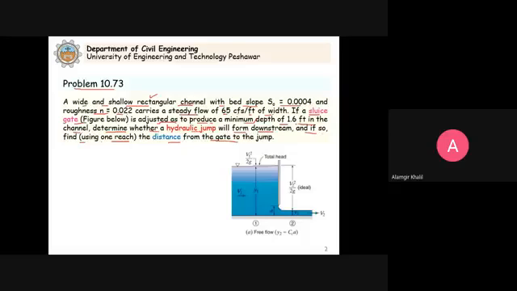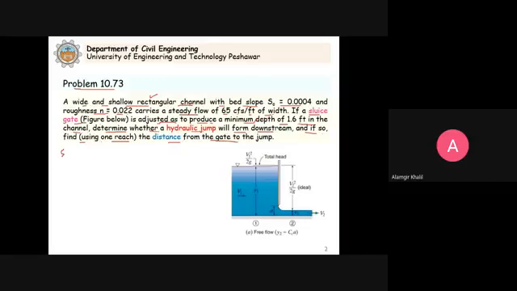Now the question is: will a hydraulic jump form downstream of the gate or not? And if it forms, what is the distance of the jump from the gate? That means we have to locate the hydraulic jump. Clear? Now let us start solving this problem.